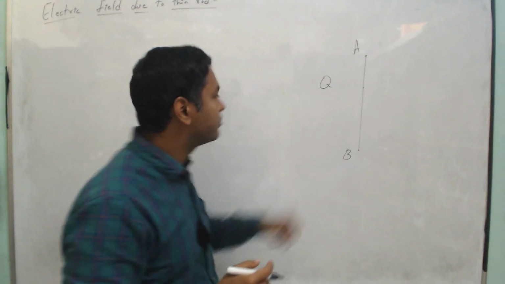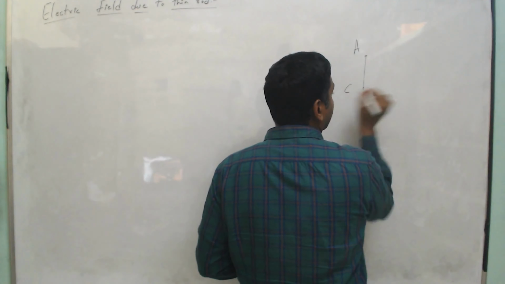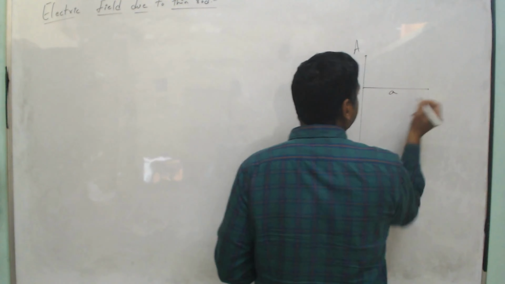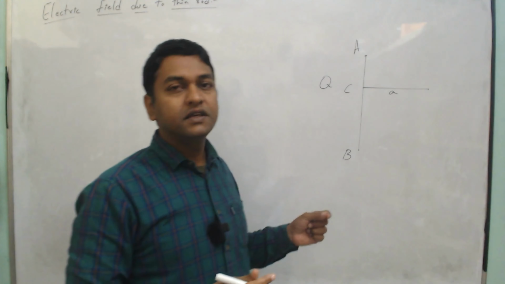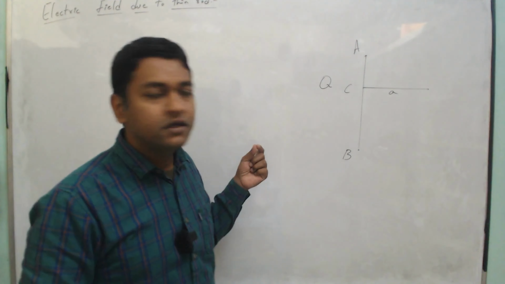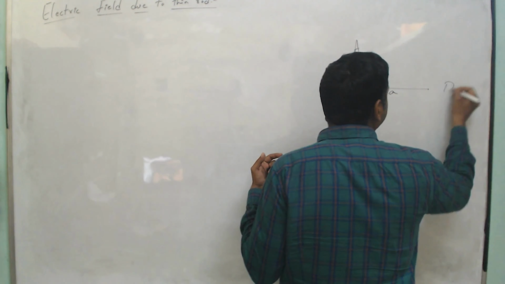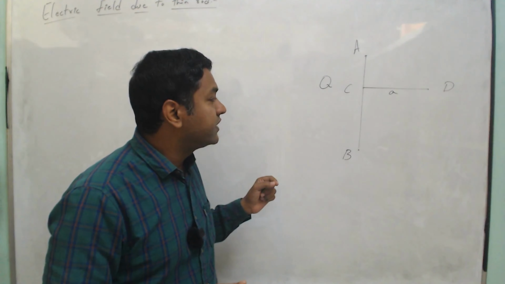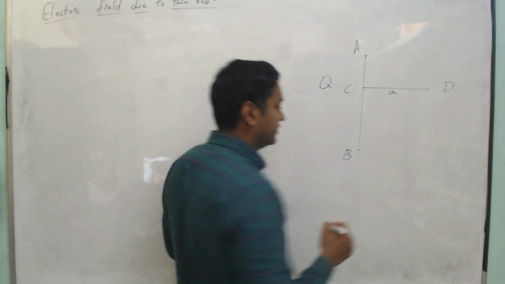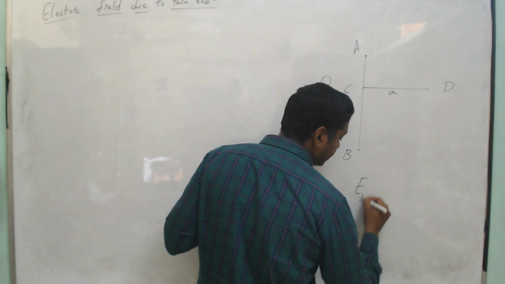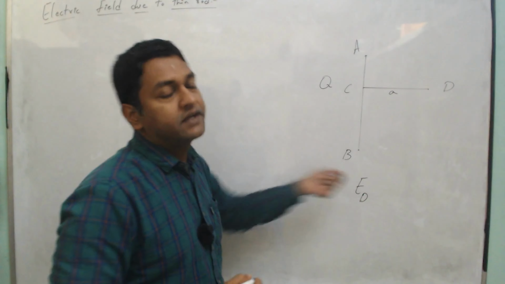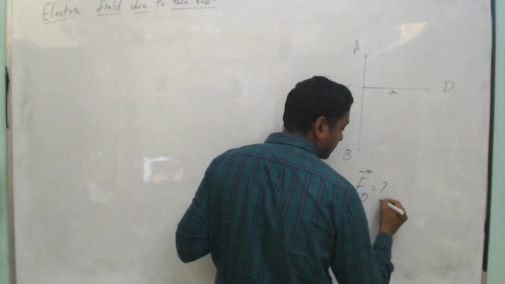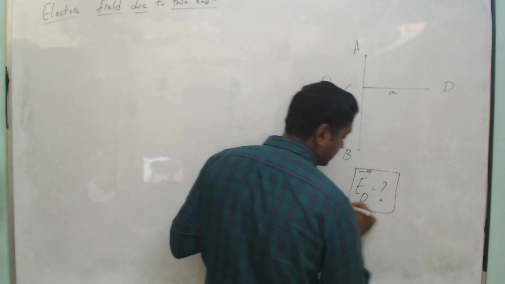I'm choosing a random point C, and at a distance of a from C, perpendicular to AB, let us say we have a point D. I need to find the electric field due to this entire rod at the point D. Clear?